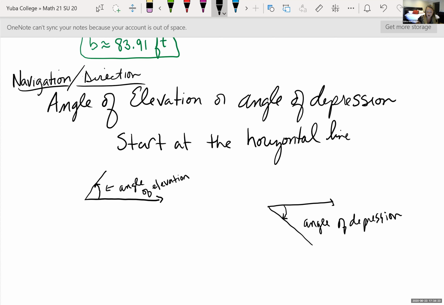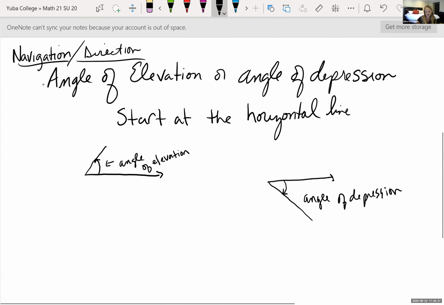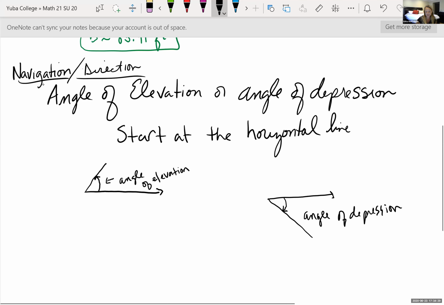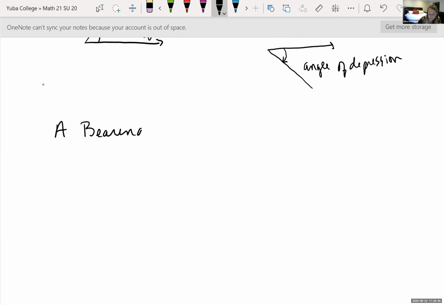There's other directions they might use, and that depends on where you're going to start. If they ever say you're going at a bearing of, let's say, X degrees, you're always going to start at the north.